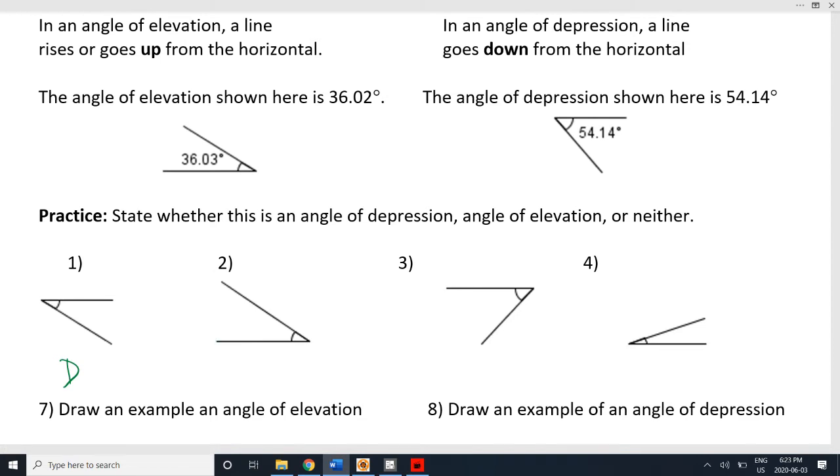So here's our horizontal, and from this point we're going up. So this is elevation. Number three, what do you think? That's right, depression. And angle four, really good, that's elevation. Wow, you guys are getting good at this.